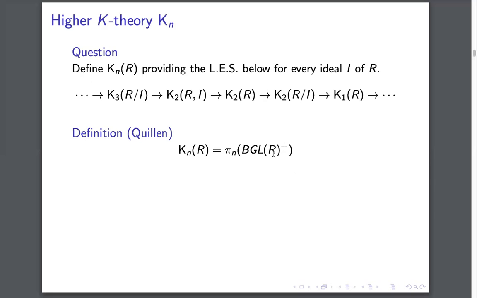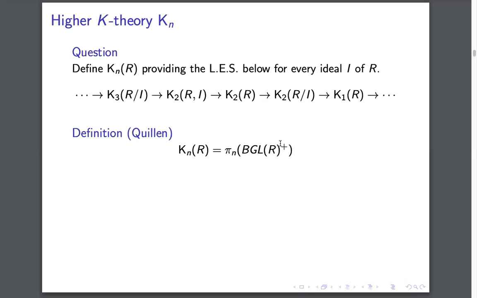The definition of Quillen is given in the following way. If you have a ring R, then you look at a space, and its homotopy groups become your degree n algebraic K-theory groups. The space is defined using the infinite general linear group. You take the classifying space of this group, and then you apply what's called the plus construction.